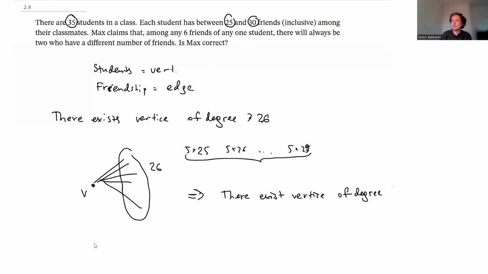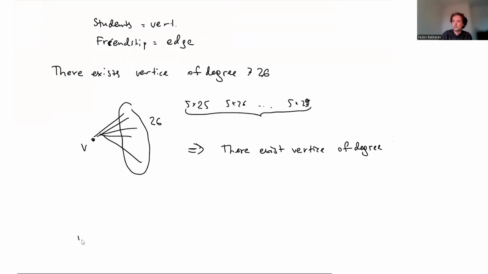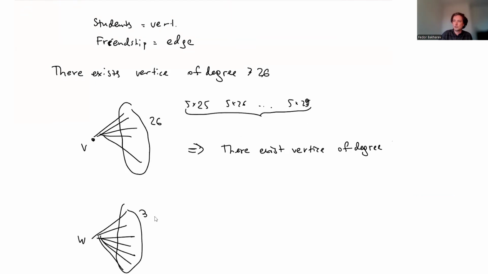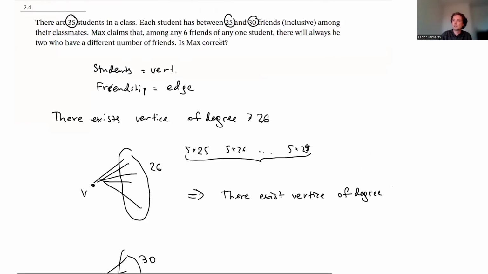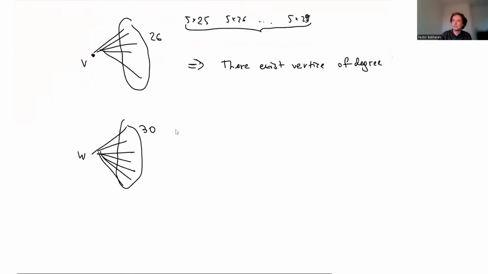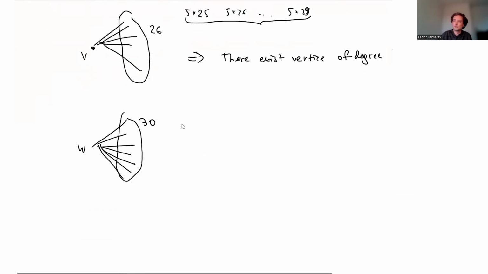Now we take this vertex, let's say W, which has degree 30, and again we assume that Max is correct. Then exactly 5 of them have degree 25, 5 have degree 26, and so on, up to 5 of degree 30. This gives exactly 30 vertices and no other possibilities if Max is correct.